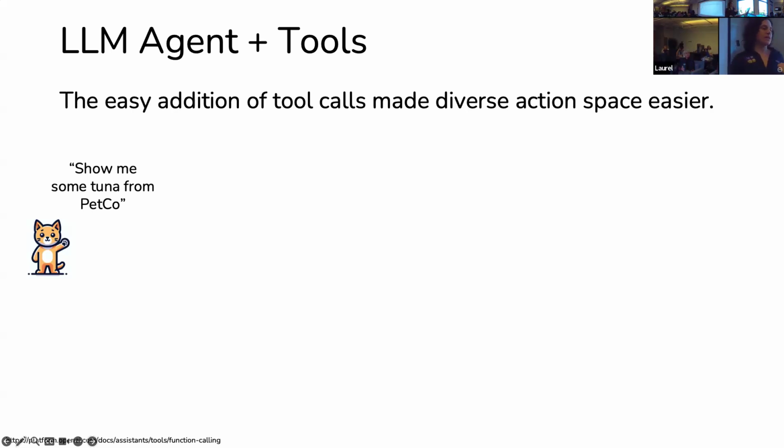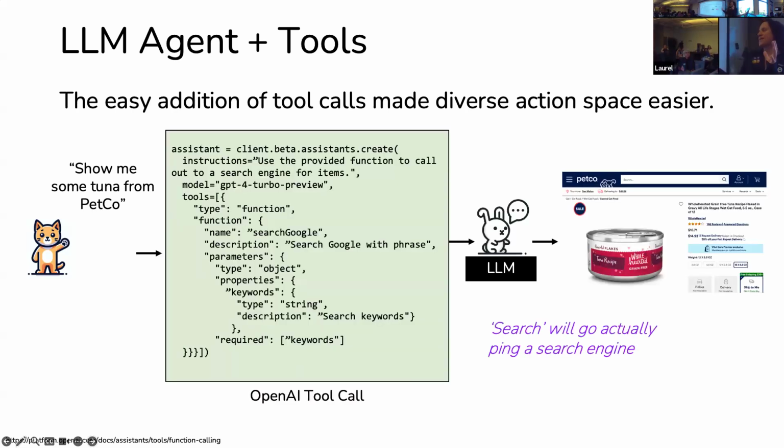So going back to that same example of the cat asking for some tuna, here is what you do instead, and this is code copied from an example from OpenAI. In essence, they're giving you the ability to encode actions as strict functions that have notions of properties like keyword arguments as well as types. You're giving developers a much easier way to engage with these external function calls and tools.